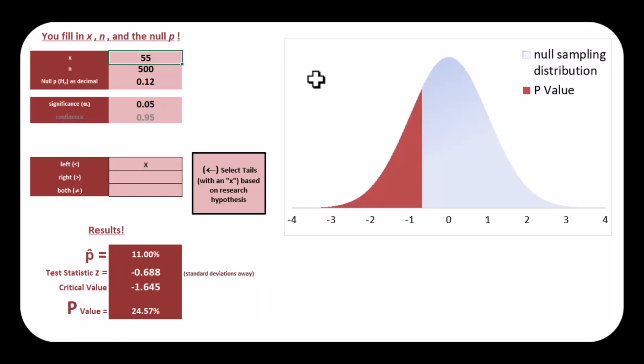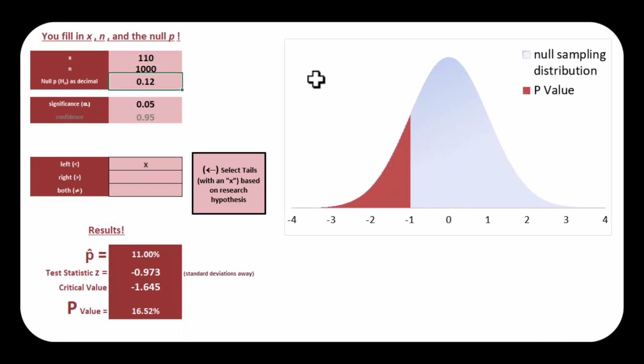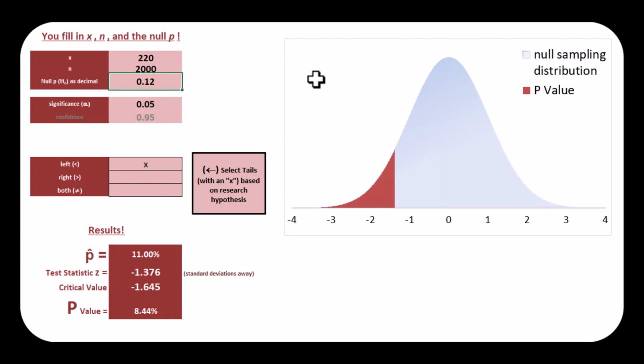But what if we were able to get 110 out of 1,000? That is still an 11% sample statistic. But do you see how the p-value went down again? And now let's suppose you were able to get 220 out of 2,000. Once again, you end up with a p-hat of 11%, but now the p-value is dropping more and more.